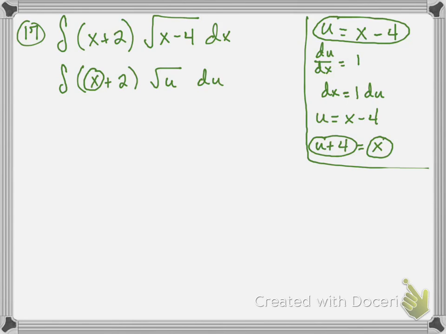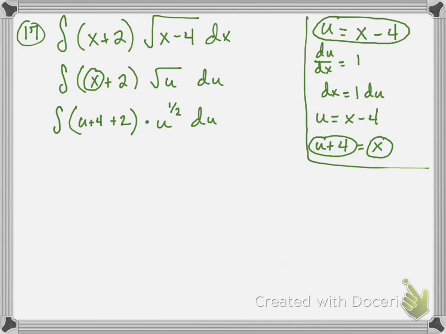Okay, so let's see how that affects my problem. So you have u plus 4 plus 2 times u to the 1/2 power du. Now everything in my integral is in terms of u, which is what I want.